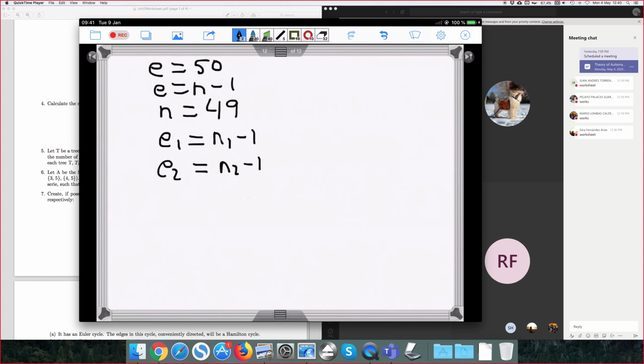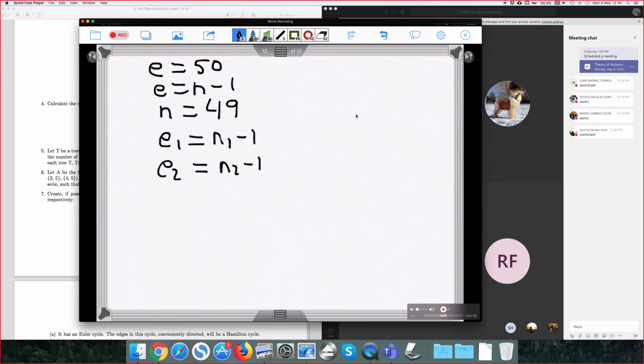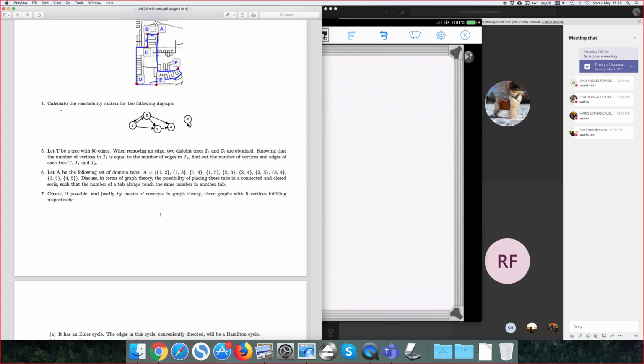Another piece of information we are given is that the number of vertices in T1 is equal to the number of edges in T2. So N1 is equal to E2. And we are asked to find the number of vertices and edges of each tree, T, T1, and T2.